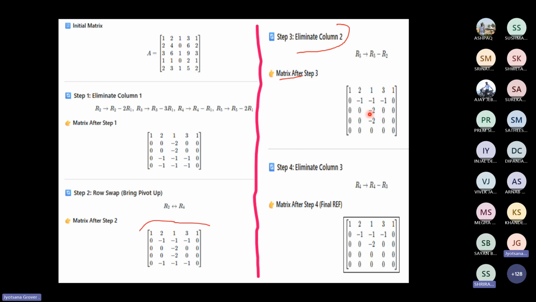So now we have to look at row 3. This is the leading entry. Now your task is to turn the entries below this leading entry 0. Which operation will you apply? Now this leading entry is present in R3. So R4 minus R3. R4 minus R3. Yes. So you've got, now see this.